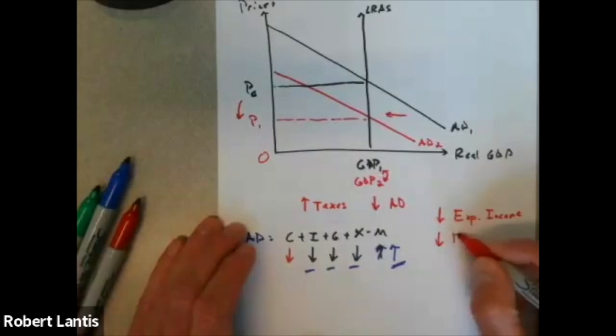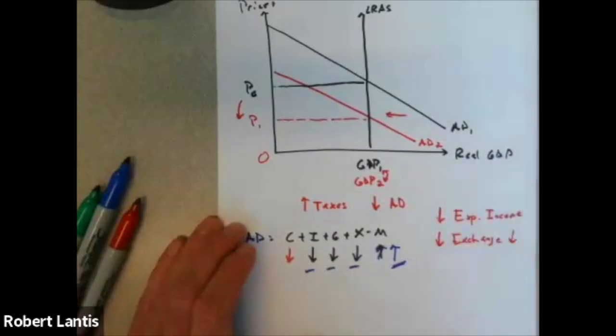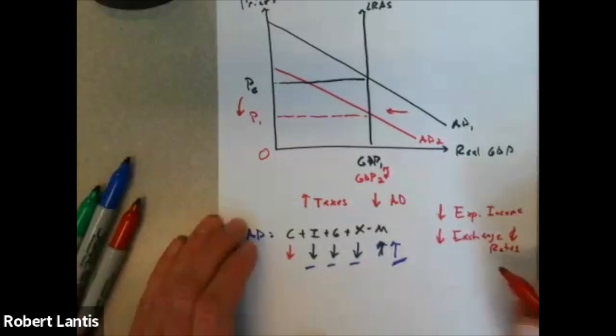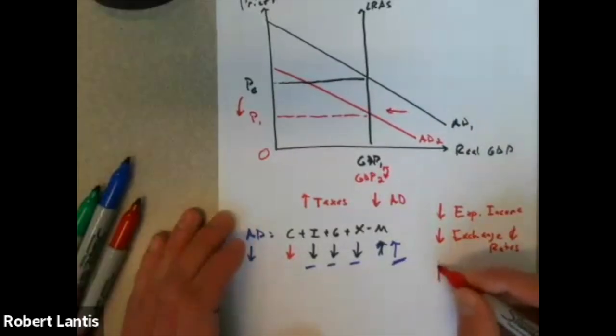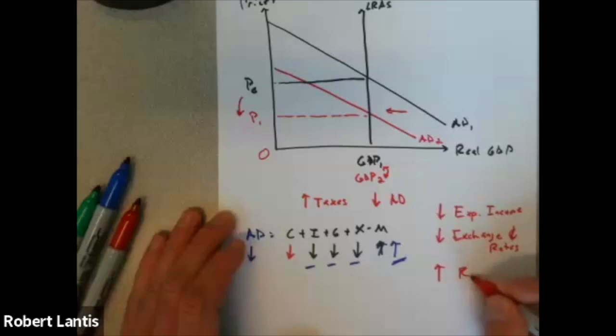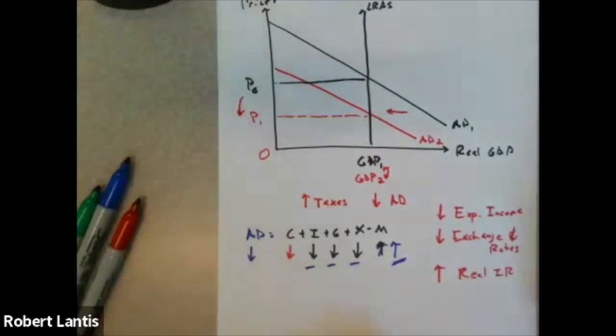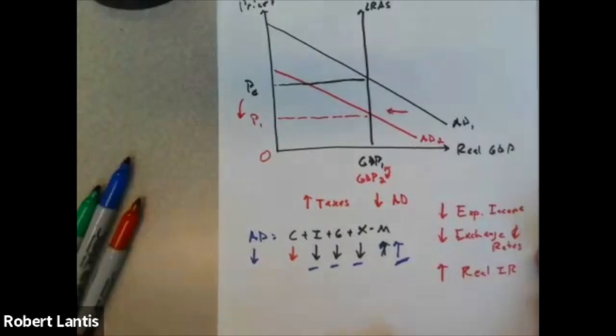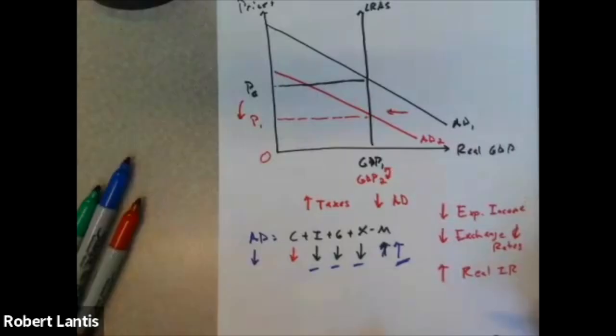We said if exchange rates worsen. If we saw an increase in real interest rates, because if interest rates are higher, it makes borrowing more costly. We're less likely to borrow money. We have less money to consume. That would also cause an aggregate demand decrease.